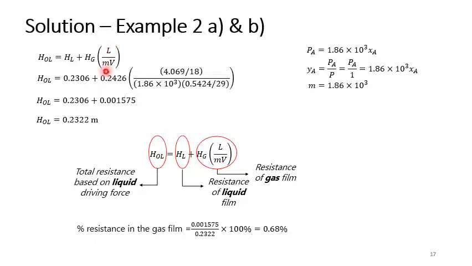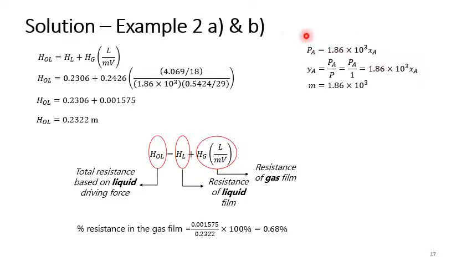But for L, m, and V, m here, the relationship given in this case is in terms of partial pressure in relation to the liquid phase composition of the solute, CO2 in this case.